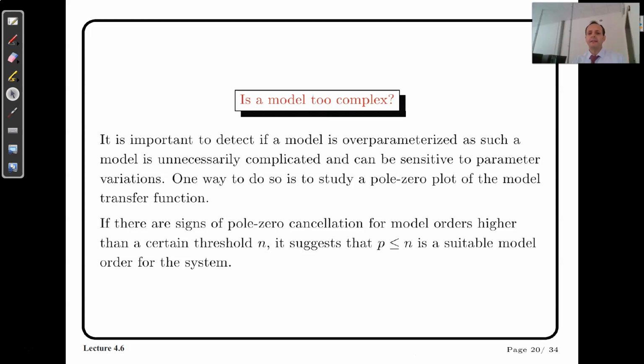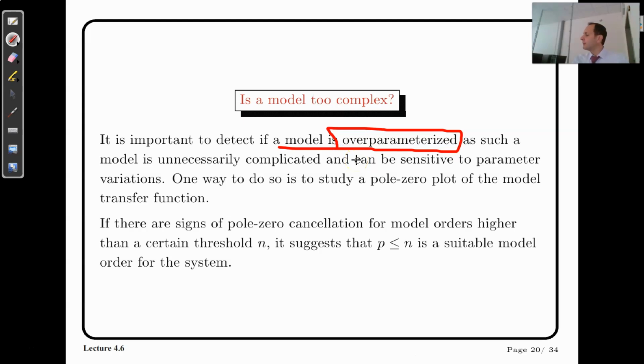So another way of at least having a suggestion if the model is too complex, so it means that you perhaps selected an order that is too high, is when the model is called over-parameterized.